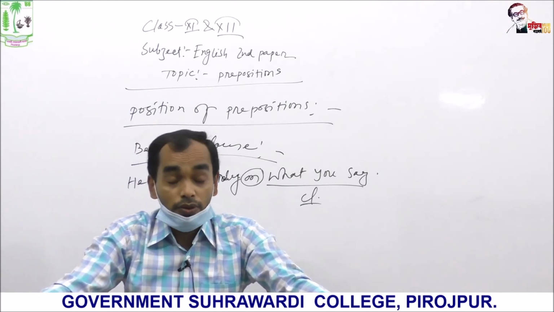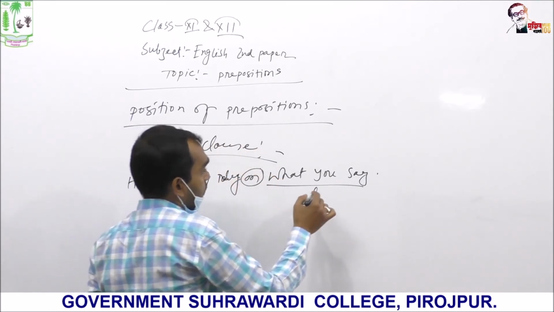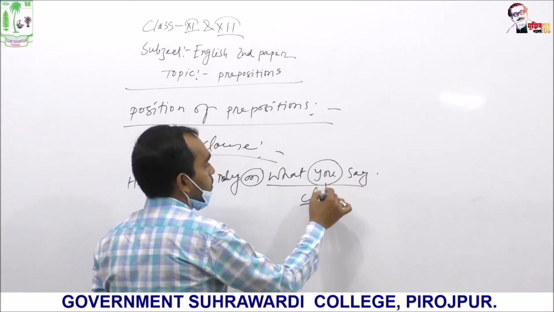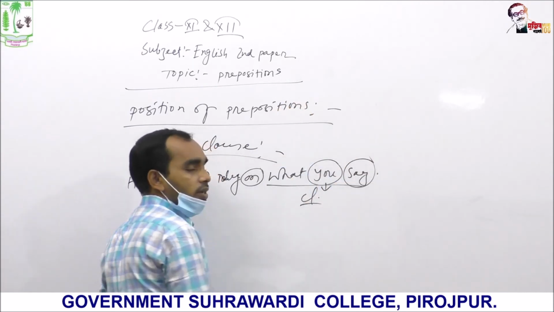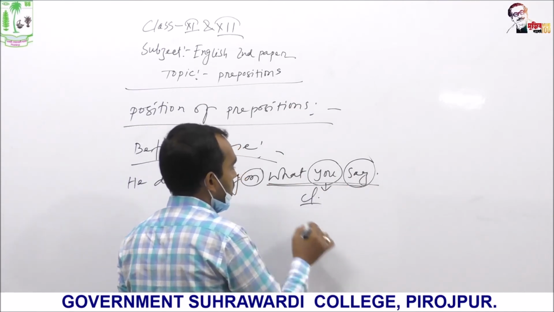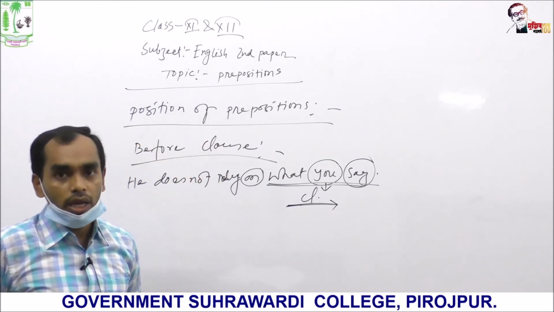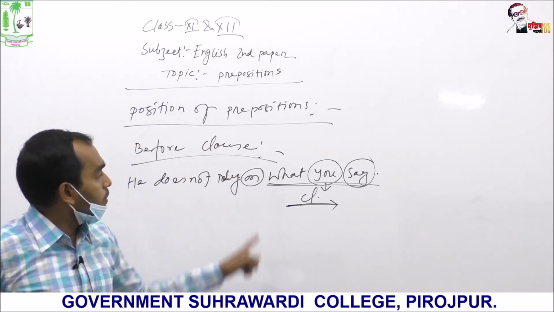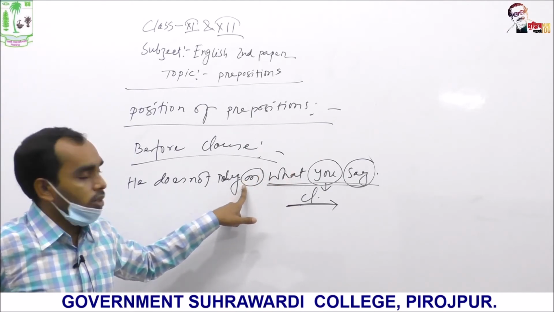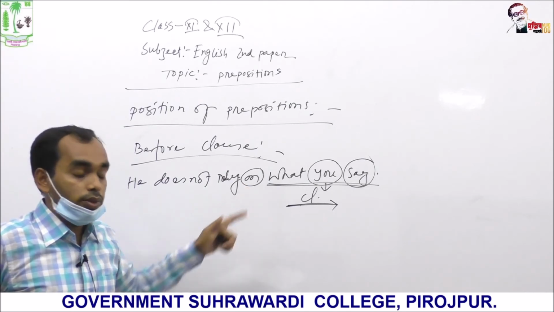Understand? Okay. So this is a clause. Here you is the subject and say is the verb. So this is a clause, and what type of clause is it? It is a noun clause, and it has been used after the preposition on. Okay.